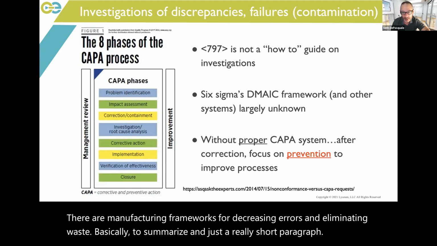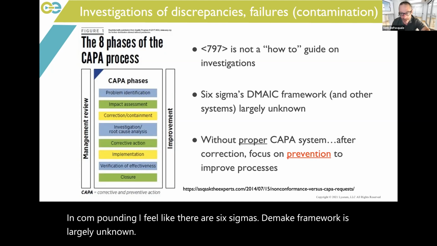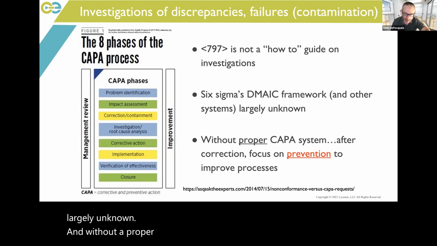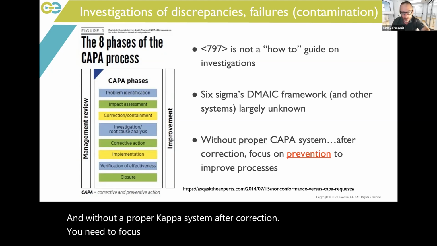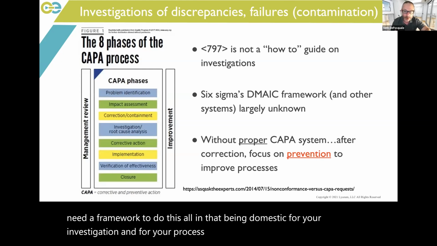In compounding, I feel like Six Sigma's DMAIC framework is largely unknown. And without a proper CAPA system, after correction, you need to focus on prevention to improve the processes. So you really need a framework to do this all in, that being DMAIC for your investigation, and for your process improvement, having a good CAPA system in place.